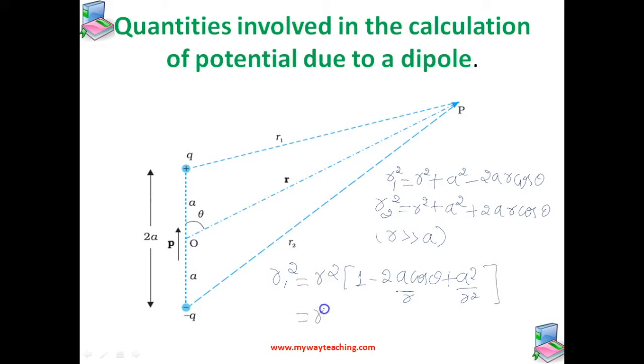That is equal to R square times 1 minus 2a cos theta by R, since we have taken R very much greater than a. And similarly we can write R2 square as R square times 1 plus 2a cos theta by R.